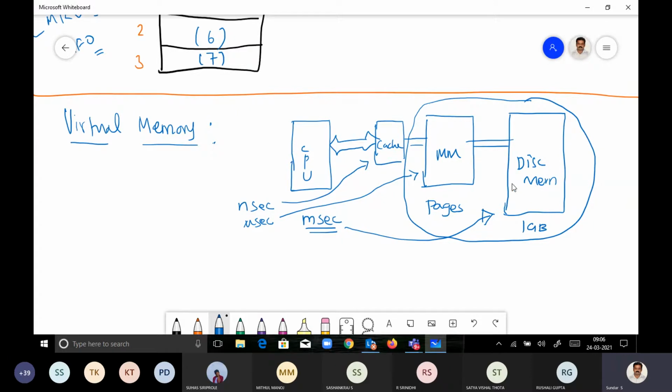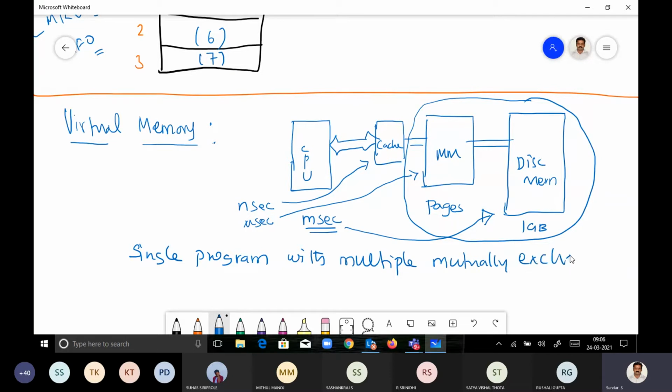Okay, right. Now let us take one concept. Suppose we have written a single program with multiple mutually exclusive portions.